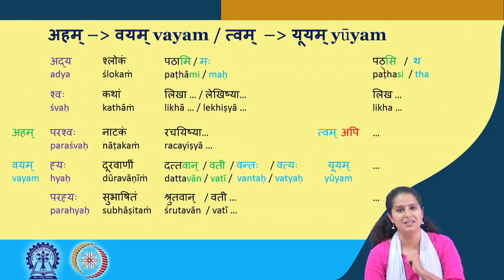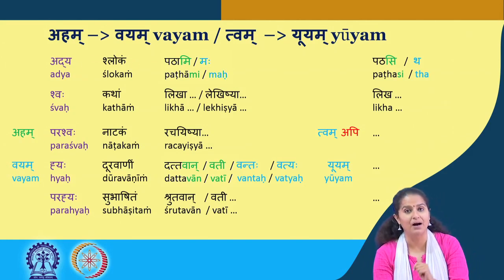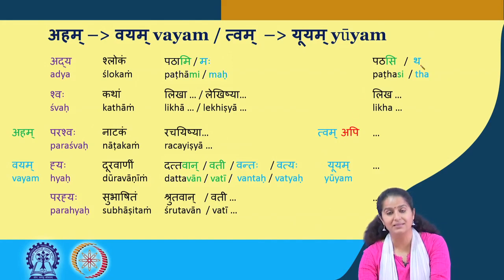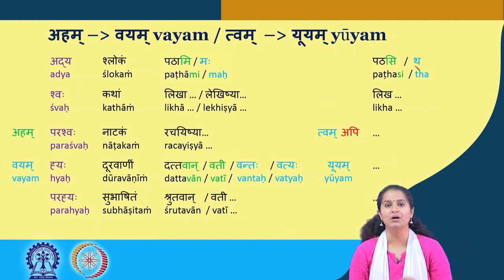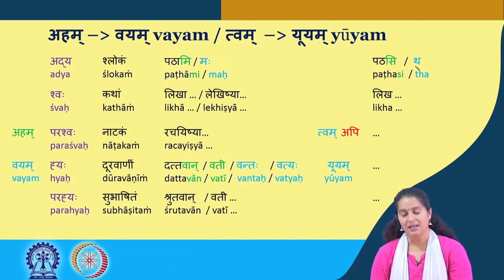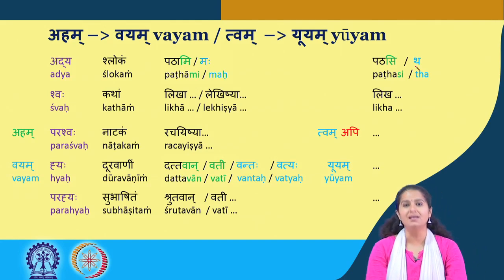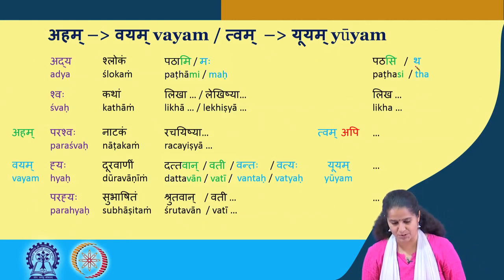So you are also studying. Vayam adya shlokam pathamaha, yuyam api pathatha. Alright, so I've shown you how you can practice with the second person in the first case here. So you can use this whole chart. As I said, pause the video and go through as many permutations and combinations as you can.